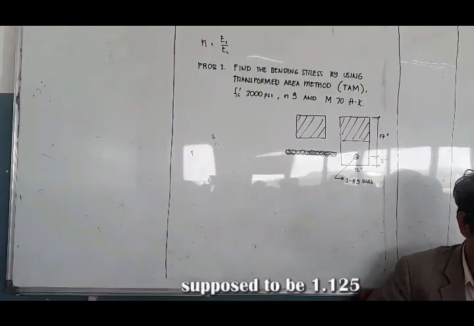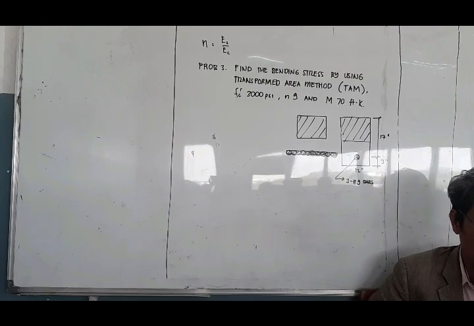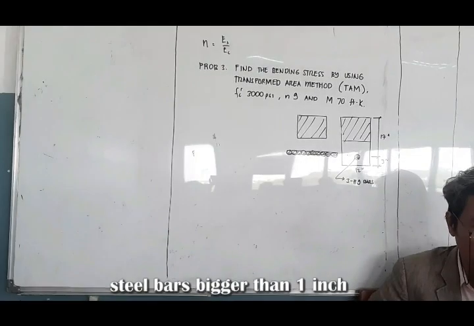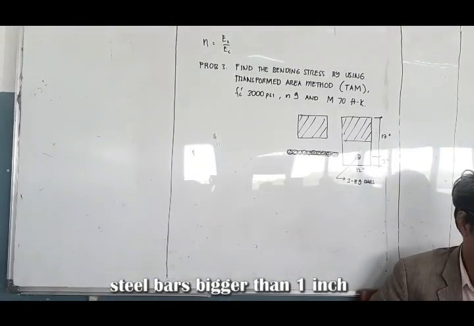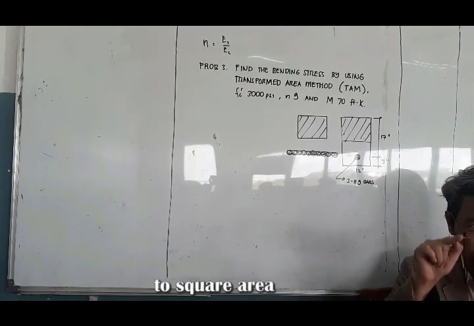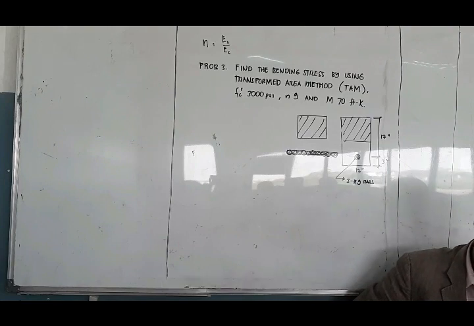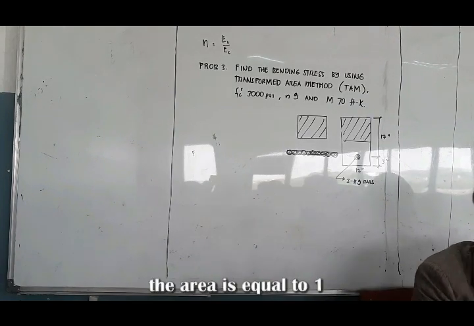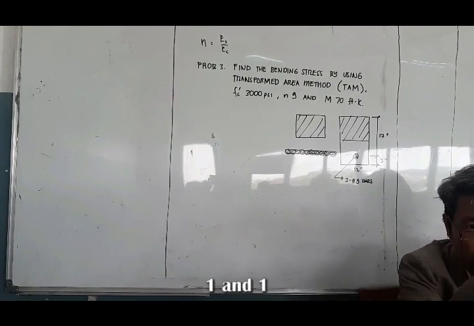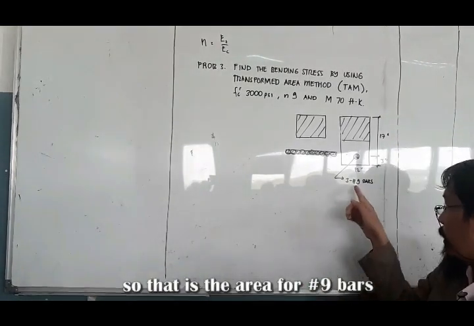It is supposed to be 1.125, but that is not correct because steel bars bigger than 1 inch are equivalent to a square area, not the circular area. So the area is equal to 1 by 1. That is the area for the number 9 bar.